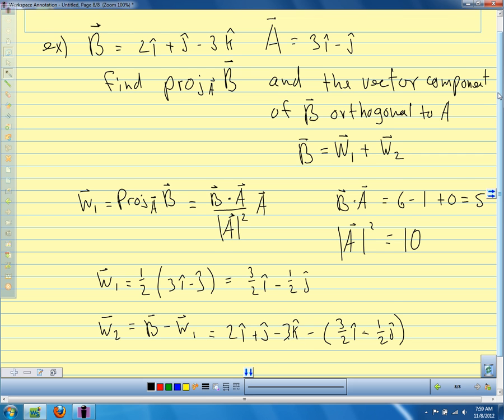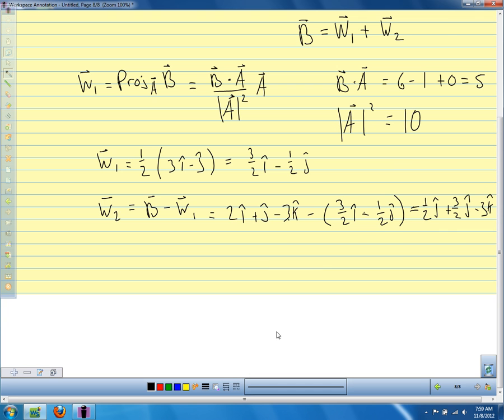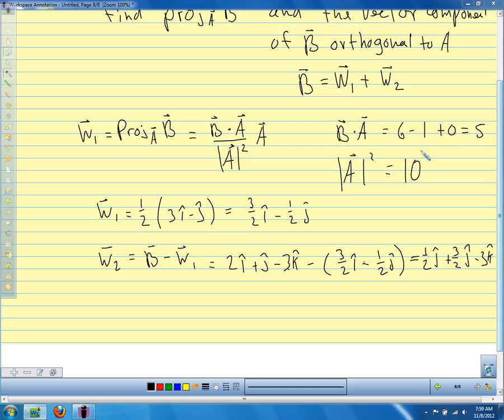All right, good. And when we add this together, this gives us 1/2 i plus 3/2 j minus 3k. Those are our two vector components, one parallel to A and one orthogonal to A.